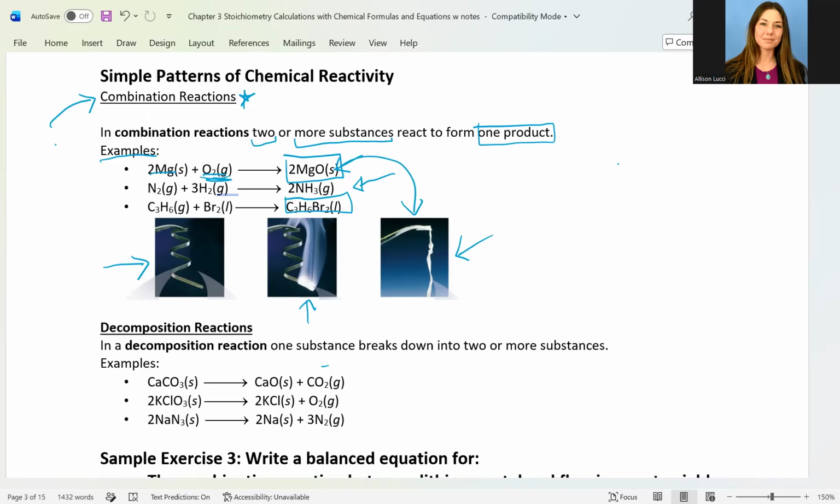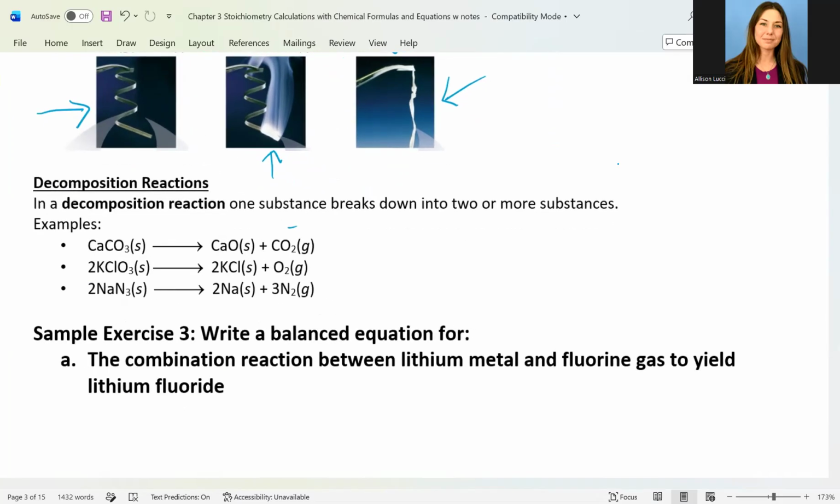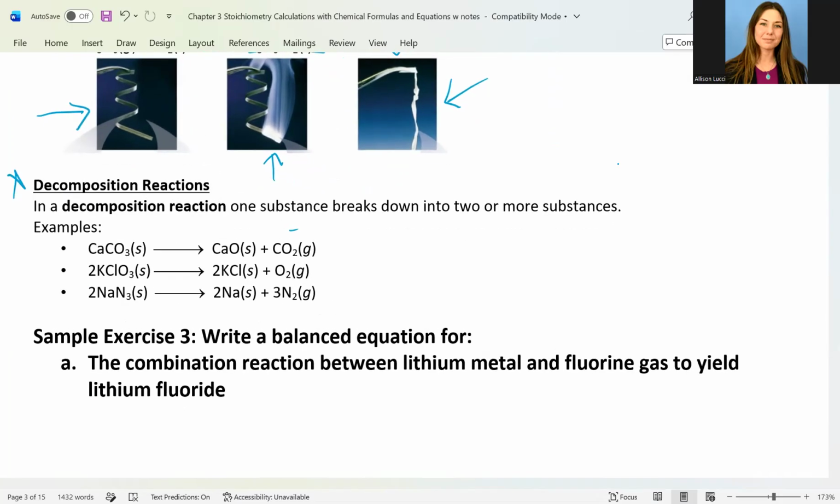So let's take a look at the next pattern of reactivity, something called a decomposition reaction. This is kind of the opposite of the combination reaction indicated above, where now we have one substance that decomposes or breaks down into two or more. So you might have 2 products, you might have 3 different products, etc., depending on the reaction. So we see solid calcium carbonate.